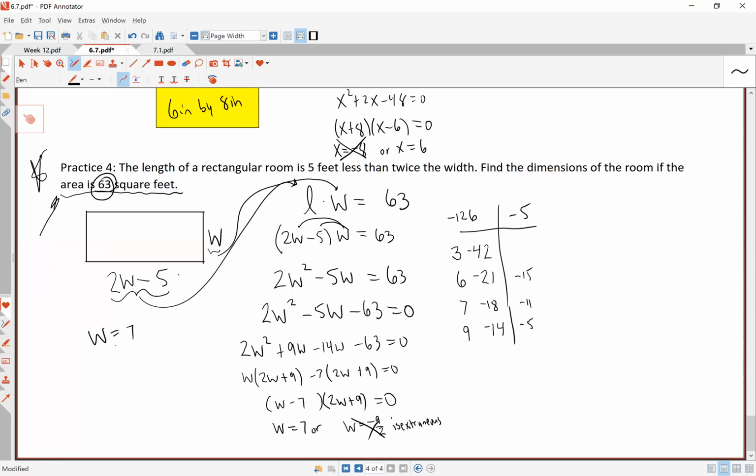If the area is 63, then the length would have to be 9 to get 63, or you plug it into 2W minus 5, which is 2 times 7, 14, minus 5 is 9. So we get W equals 7 and L equals 9.